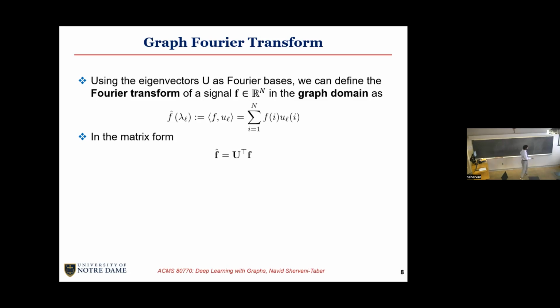So we have our eigenvectors acting as our basis. This matrix U is a matrix of different eigenvectors. Each column in the matrix U is one eigenvector of the Laplacian matrix.